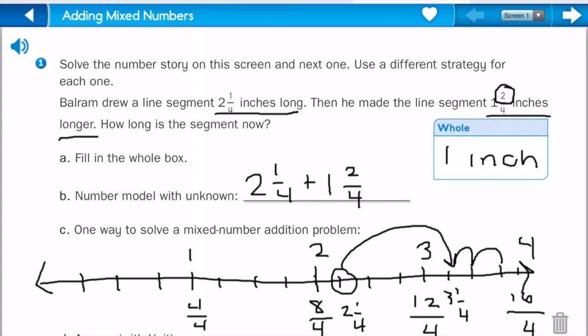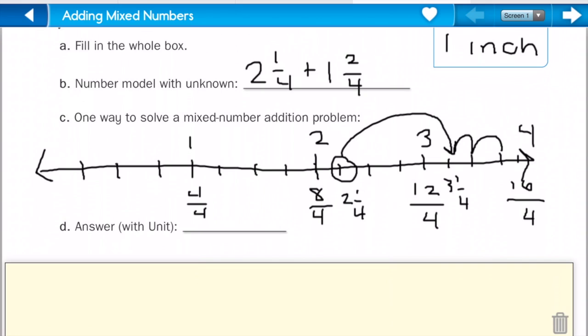So my answer after doing that would be 3 3/4. So I'm going to scroll down and write that underneath.